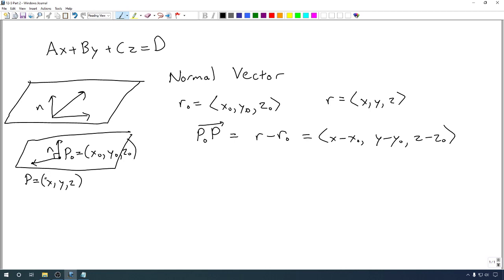Well, how do we tell whether or not two vectors are perpendicular, or to use the more formal term, orthogonal? Well, that's just the dot product. The dot product of two orthogonal vectors is 0. In fact, it goes both ways. If the dot product is 0, then they have to be orthogonal. So that's what we have here. We just take the dot product of the normal vector n with this difference. So here we have the vector equation of our plane.